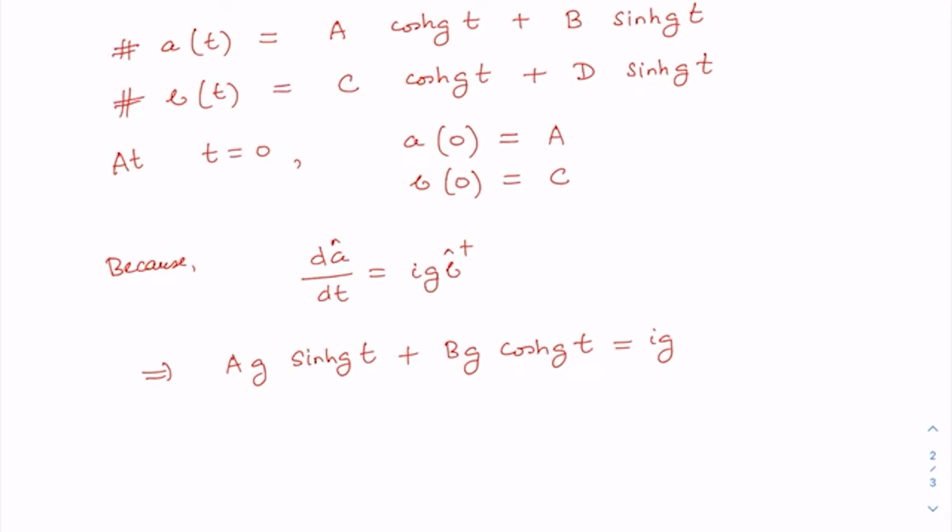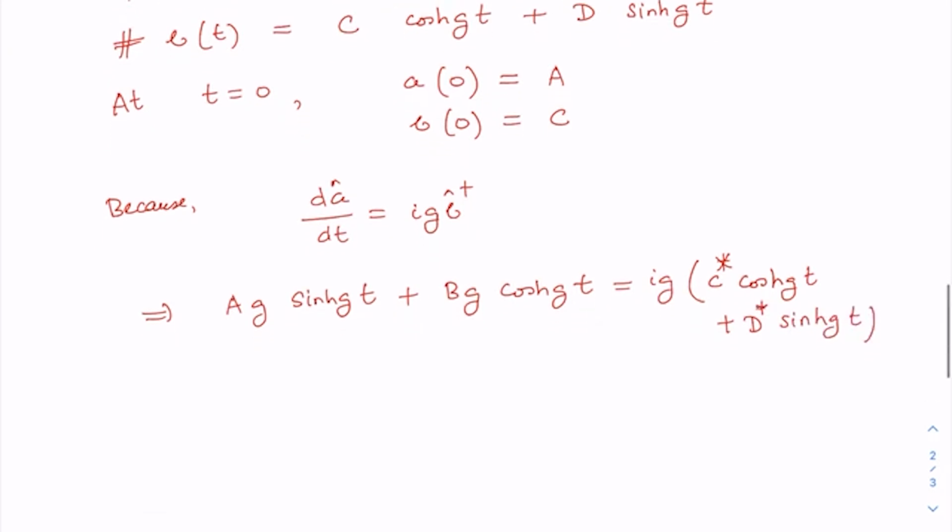So b dagger would be, you will have C, or rather I'll say C is a complex quantity. Let me write it like this, I have C star cosh zt, and then I have D complex conjugate of D, then sinh zt.